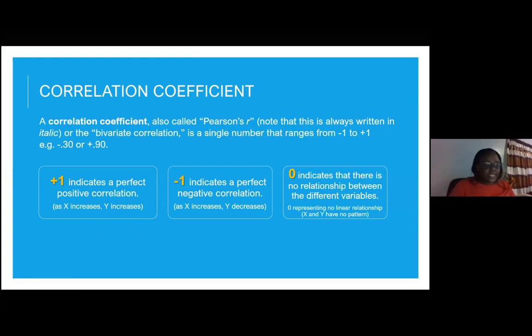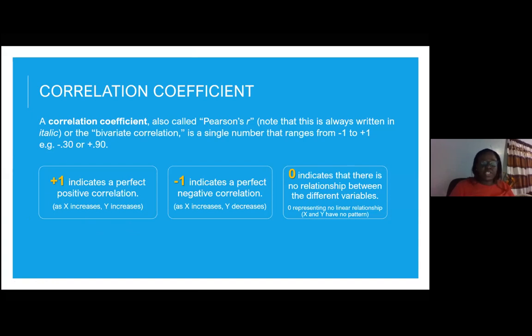So, having established what correlation is, let us jump to the correlation coefficient. When you hear this term, which is also referred to as Pearson's R or the bivariate correlation, think of a single number which ranges from -1 to +1. To help you remember, you can say R is for relationship. Therefore, if R equals 0, then there is no correlation or relationship between the two factors.